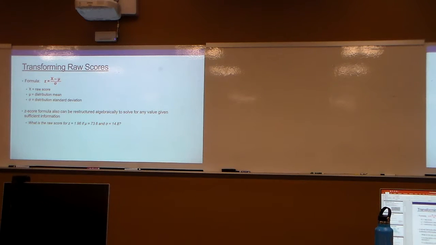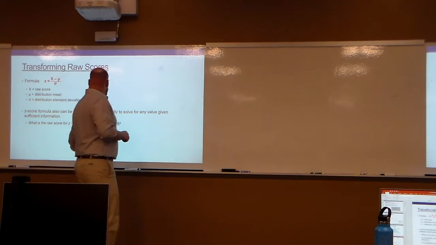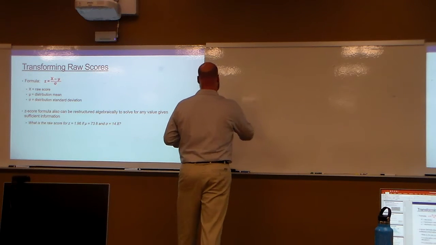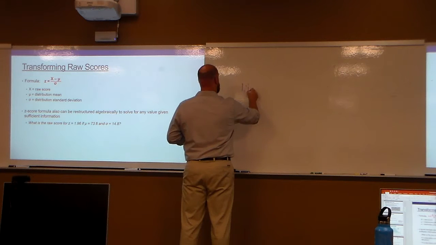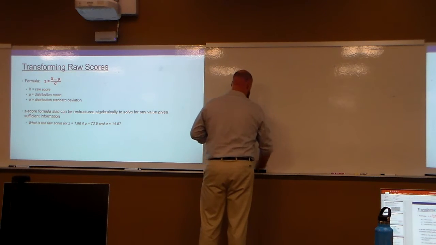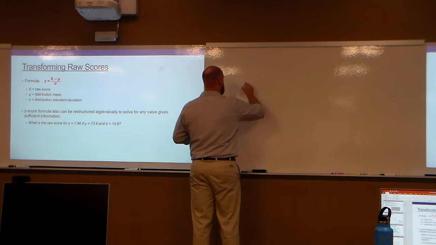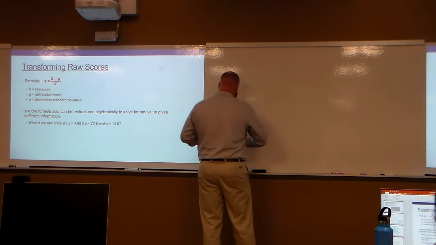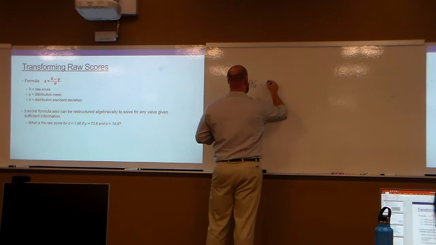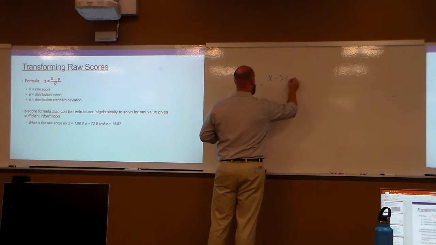So if I say, what is the raw score for Z equal to 1.96, if the mean is 73.6 and our standard deviation is 14.8, so we've got 1.96, and we know our mean is 73.6.